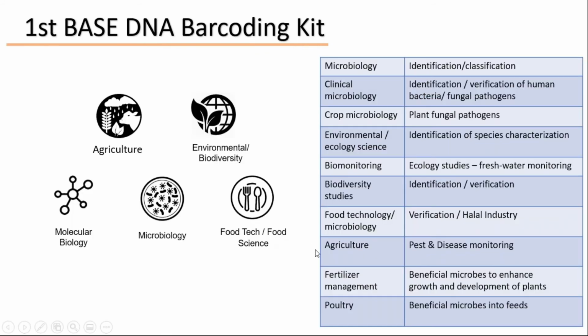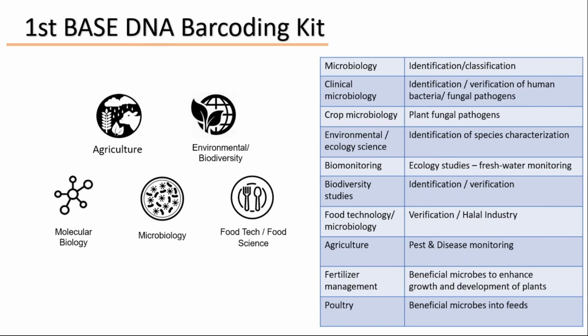Since we talk a lot about the advantages and the technique of the barcoding kit, who is the user, or which researchers can actually benefit from this barcoding kit? As you can see here, the barcoding kit is pretty useful for most agriculture users, environmental or biodiversity users, or any food tech or food science users.